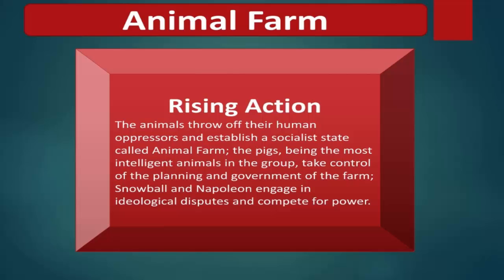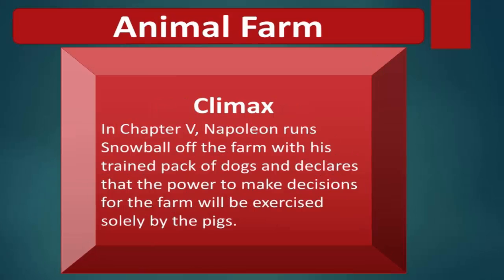The pigs, being the most intelligent animals in the group, take control of the planning and government of the farm. Snowball and Napoleon engage in ideological disputes and compete for power. Climax: in chapter 5, Napoleon runs Snowball off the farm with his trained pack of dogs and declares that the power to make decisions for the farm will be exercised solely by the pigs.